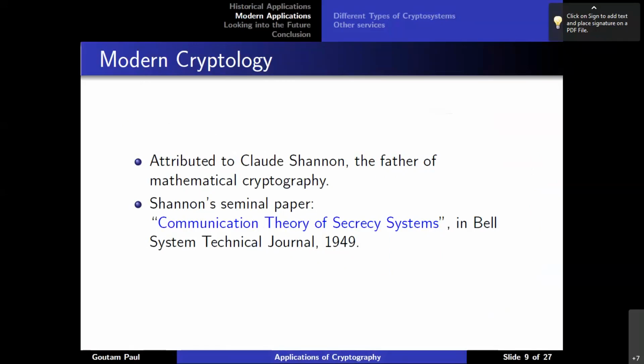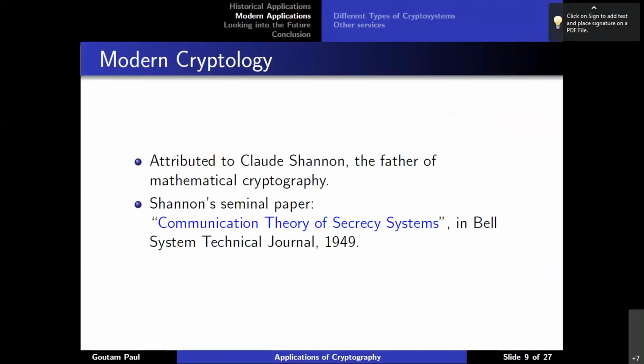Okay, so modern cryptography began with Claude Shannon, the father of mathematical cryptography. Interestingly, Claude Shannon is the father of three major subjects within computer and communication sciences. One subject is information theory, which tells how data should be compressed, and to what extent data can be compressed.